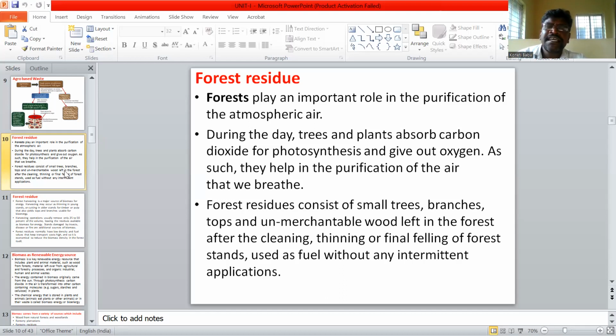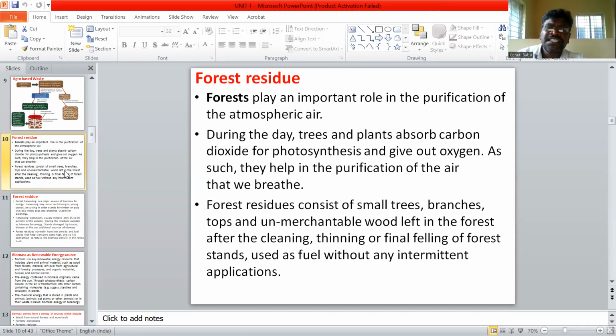As such, they help in the purification of the air, which we then breathe. That's why forests play a major role in the purification of atmospheric air.